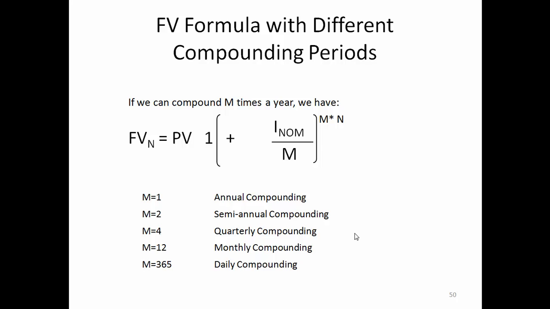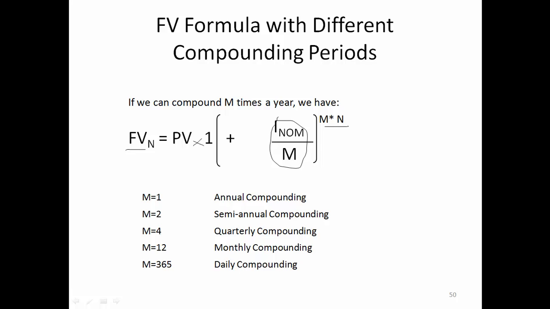Suppose we can compound m times a year. So m would be 12 if we are doing monthly compounding, m would be 365 if we are doing daily compounding, right? So future value will be present value multiplied by 1 plus this interest rate each period, and then compounded for these many times.